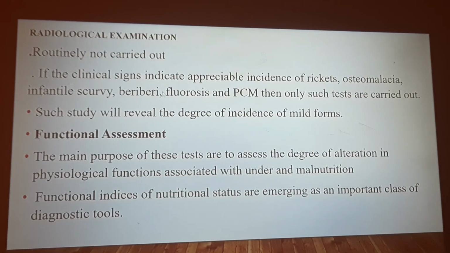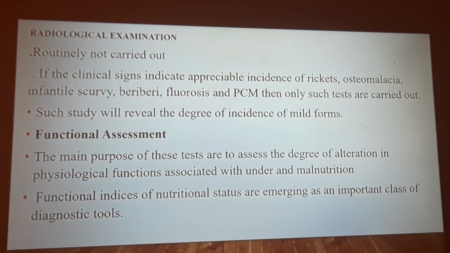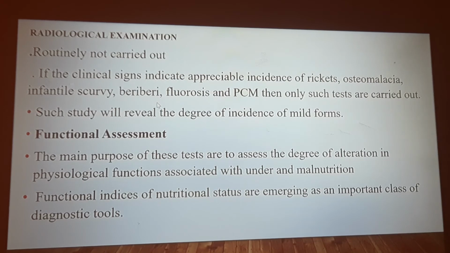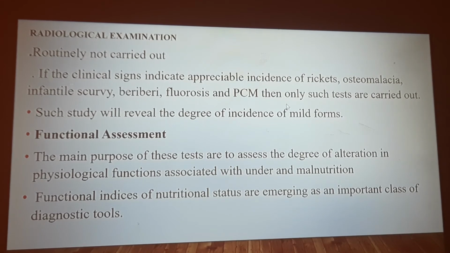Then the next one is radiological examination. Radiological examination is routinely not carried out. But if the clinical signs indicate appreciable incidence of rickets, osteomalacia, or infantile scurvy, or any of these vitamin deficiencies, then we can carry it out through radiological examination.